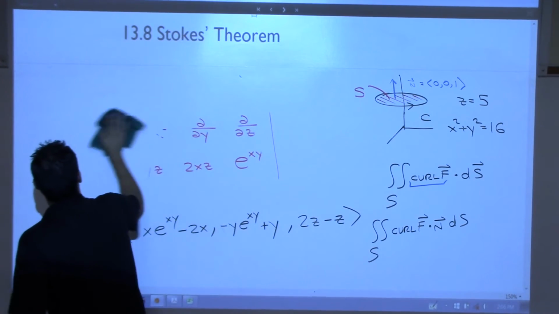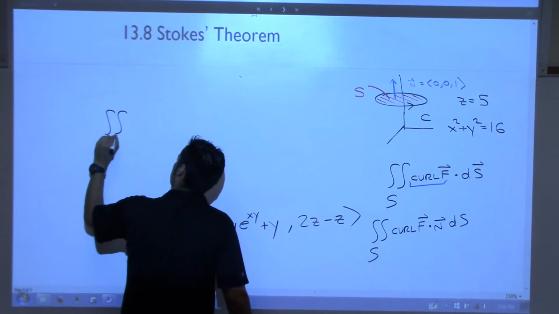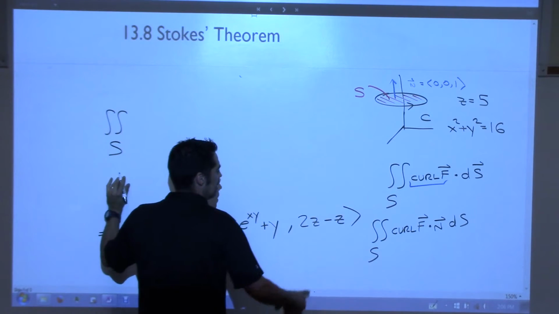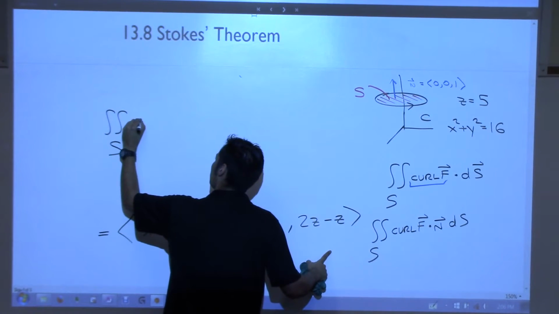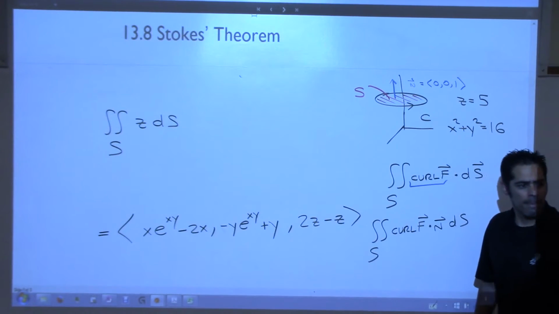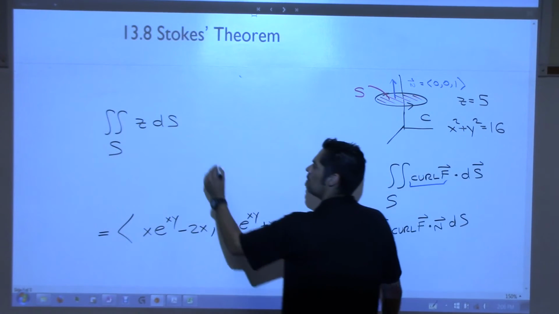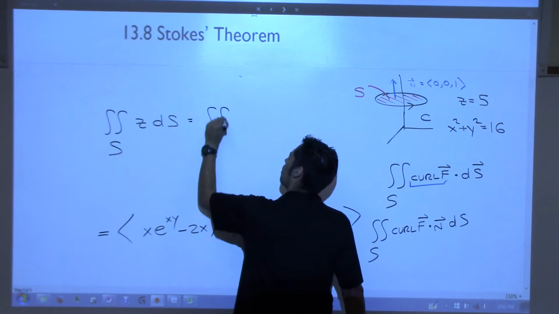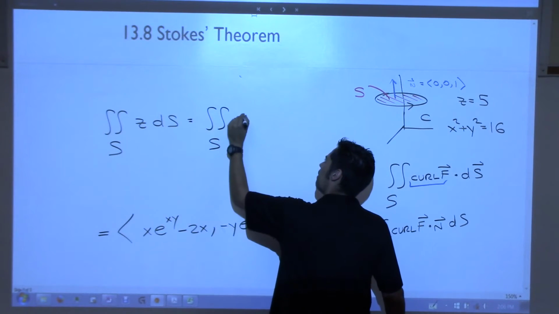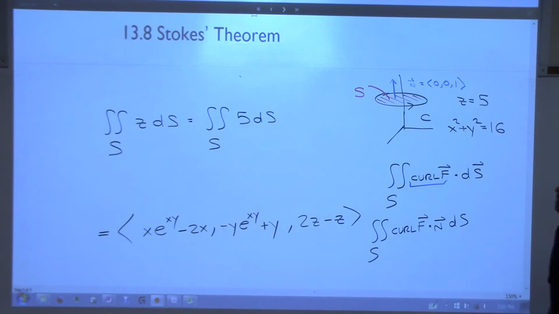So we have the double integral over s of z ds, that's it. But what was z? Z was 5, wasn't it? Z was 5. So double integral over s of 5 ds. And z was 5 because we were up there, right?